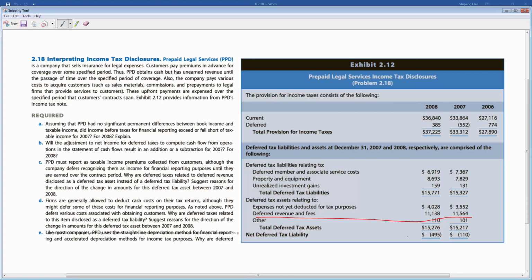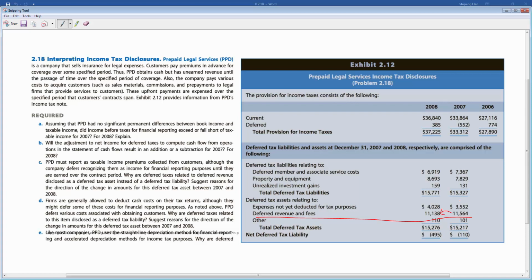We can also observe the change from 2007 to 2008, right? So here is a decrease in the deferred revenue and fees for total deferred tax assets. That gives us an impression that the company is experiencing maybe a reduction of the sales.